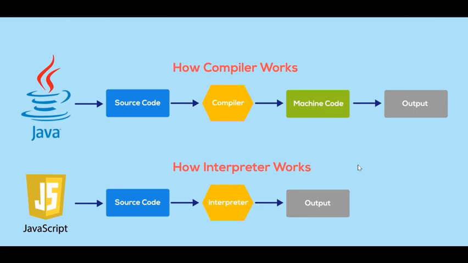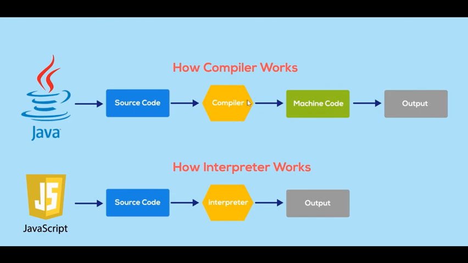To understand how the compiler and interpreter in Java and JavaScript work is most important. In Java, you give some source code, and that source code is sent to the compiler. What the compiler does is transform the user language that it has been given into a machine understandable binary language, that is zeros and ones.